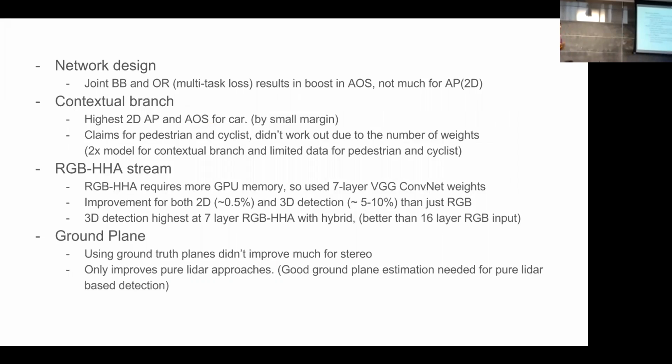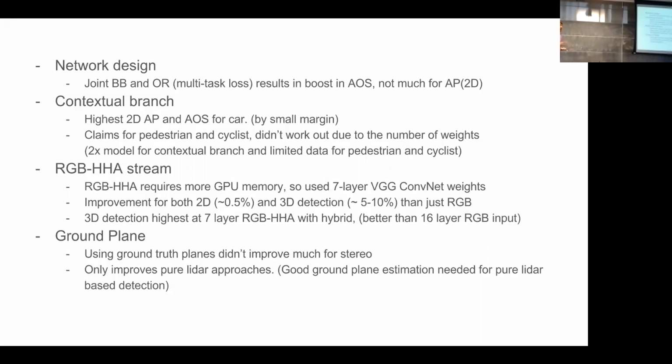In terms of the contextual branch, where they add another stream of inputs that is just bigger than the actual detection size, it technically has the highest 2D average precision and orientation similarity for the car class, only by a small margin, but at the cost of a slightly larger model.